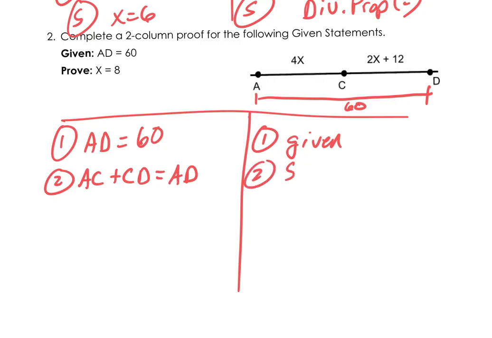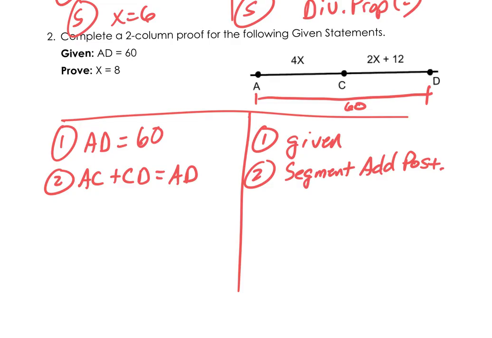So this is the segment addition postulate. We talked about it a little bit yesterday. The segment addition postulate and the angle addition postulate are two postulates that we've talked about this year. It was a little bit ago, but we have talked about that.